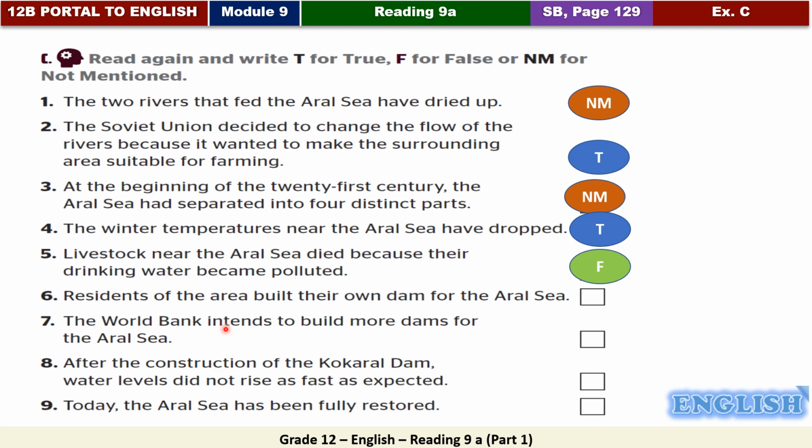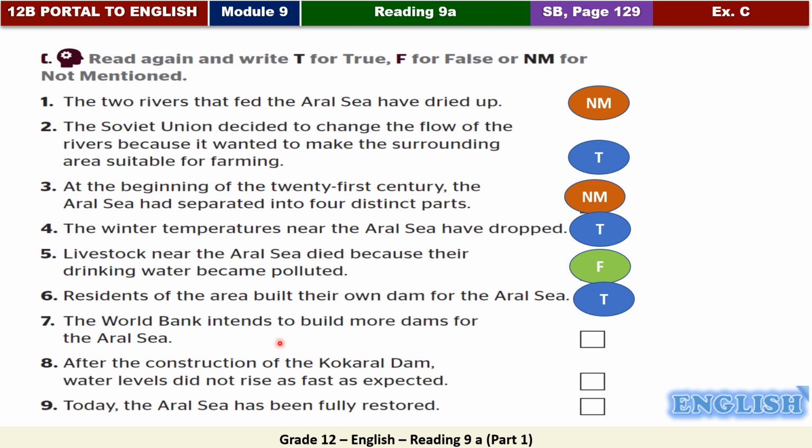Residents of the area built their own dam for the Aral Sea. Residents means people living there, or people of the area, built their own dam for the Aral Sea. Very good, true. 7.